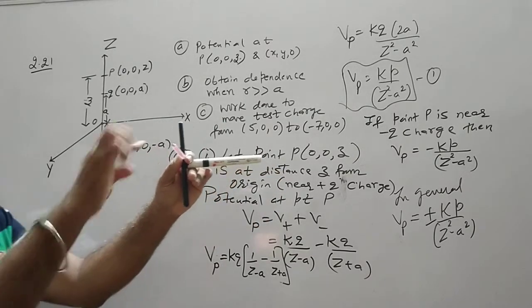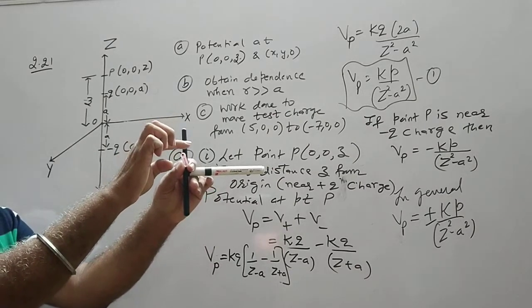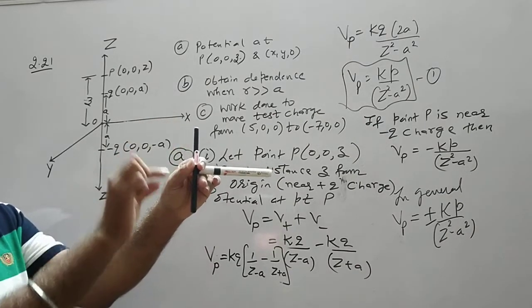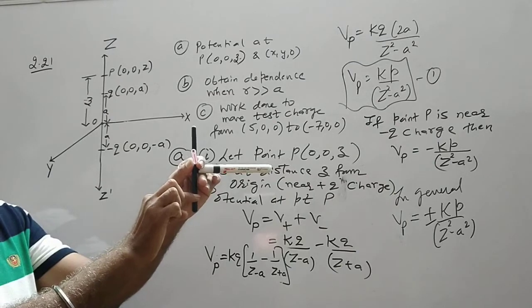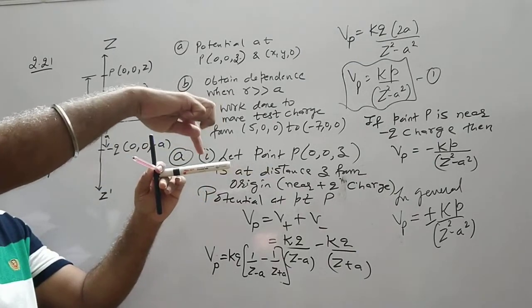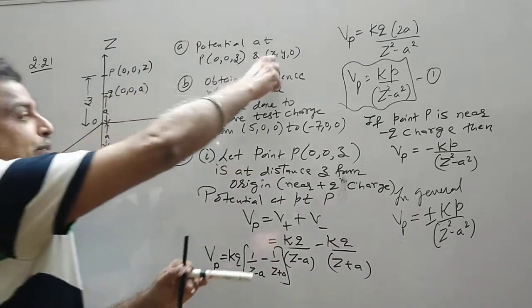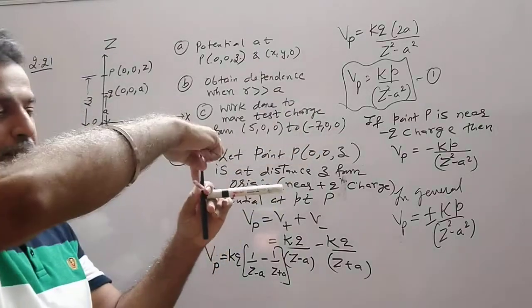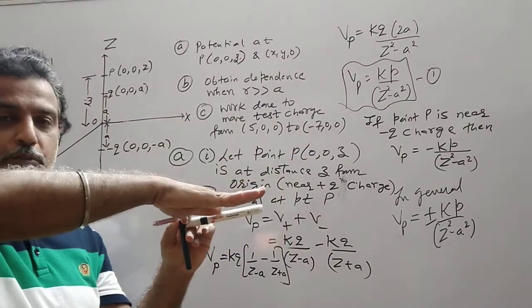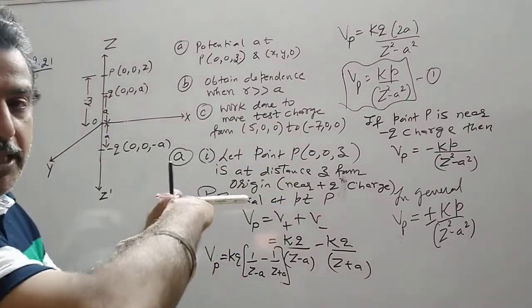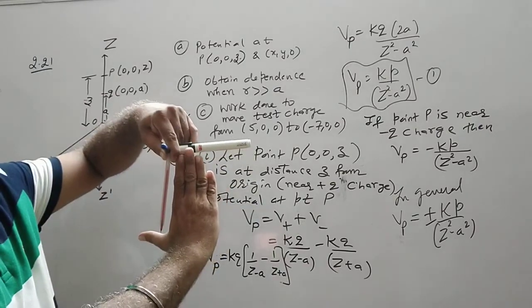Now plus Q charge is at this point on the Z axis and minus Q is here. Now if I consider any point P here, suppose it is in the xy plane, this becomes your xy plane.